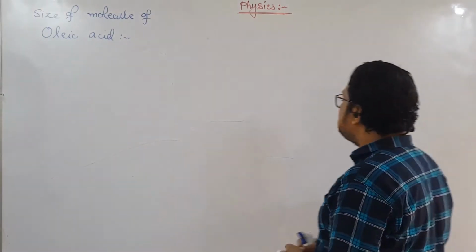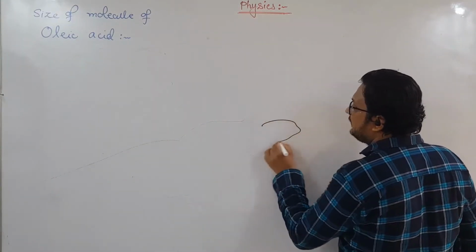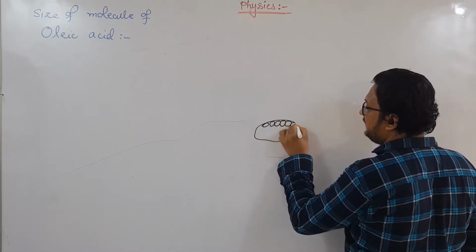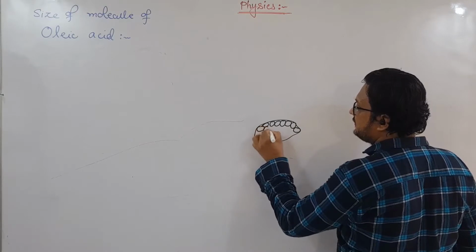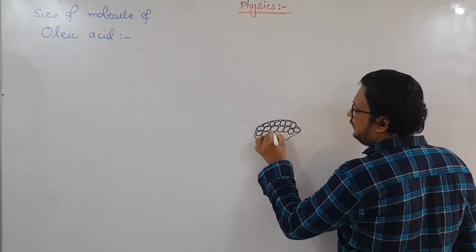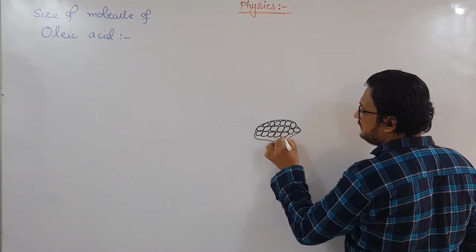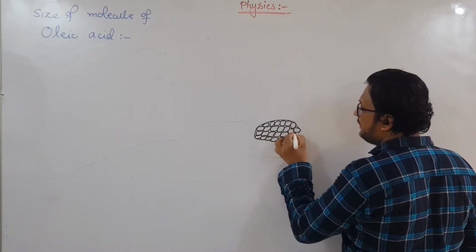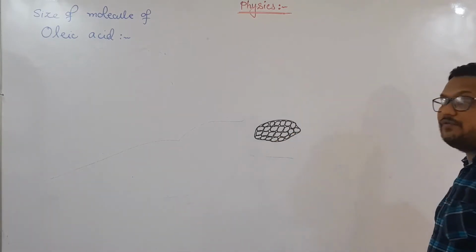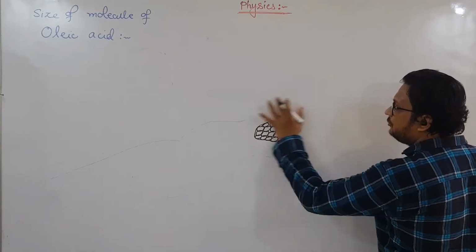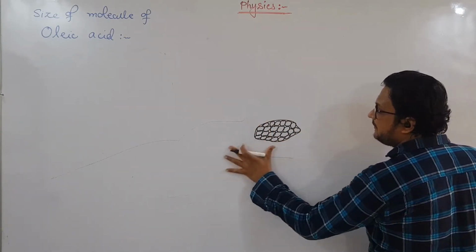So initially, if we take one spoon of honey, then the molecules present inside that honey will be closely packed, right? Densely packed, something like this. Now if I mix this honey into, let us say, a beaker which contains water, this honey will get diluted a little bit and the molecules will spread out.